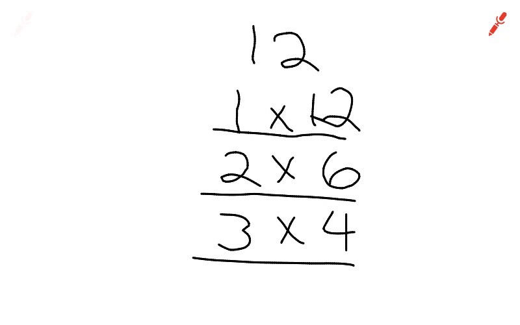Our factors are 1, 2, 3, 4, 6, 12. I'll let you do those last 3 on your own, figuring out the factors, the pairs of factors for 9, 8, 5.